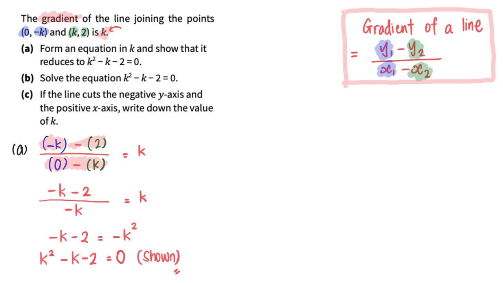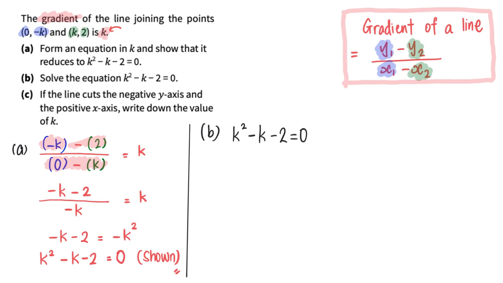Let's move on to part B, where we will then need to solve for this particular equation now. And so for part B, solving this will require me to factorize k squared minus k minus 2 equals to 0.